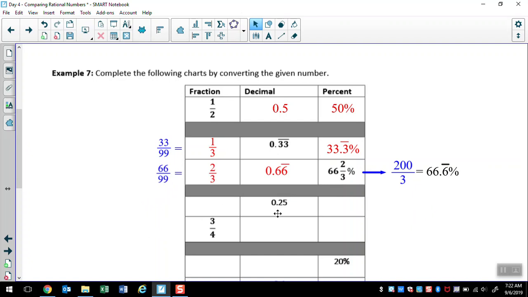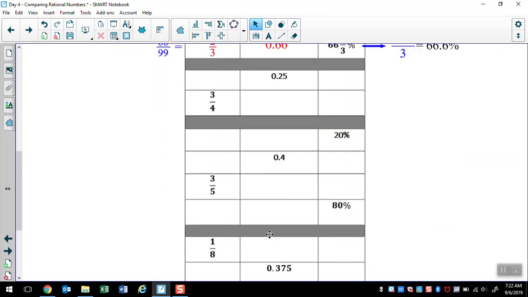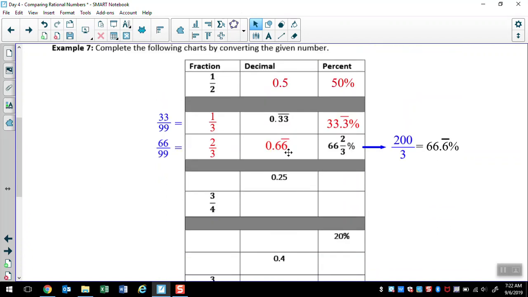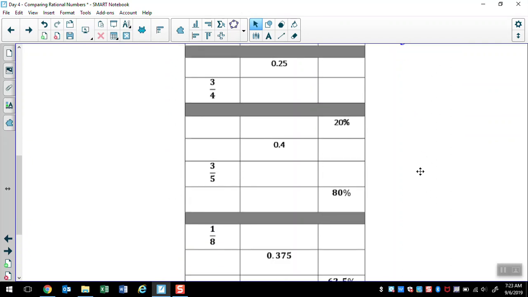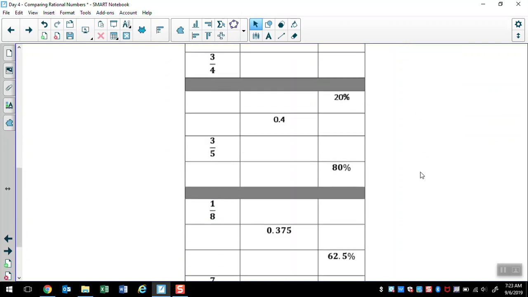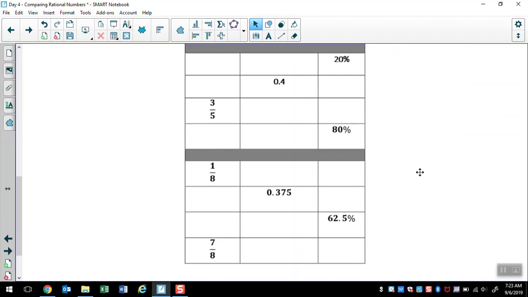The rest of them should be pretty straightforward and not give you any repeating decimals. So that's why I want to make sure I did the thirds with you. The rest of them should give you what we call terminating decimals and should be pretty easy like the 1/2 was. All right, I want you to pause the video now and see if you can fill in the rest of this chart.